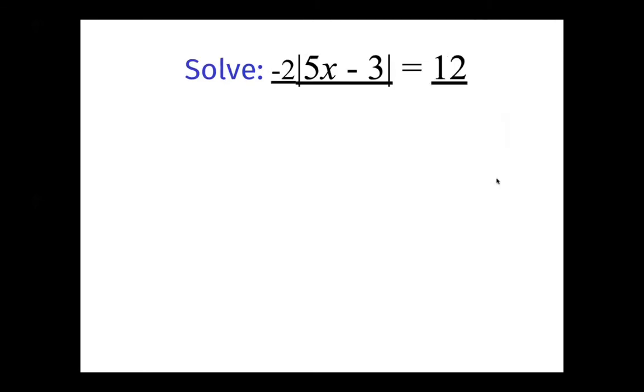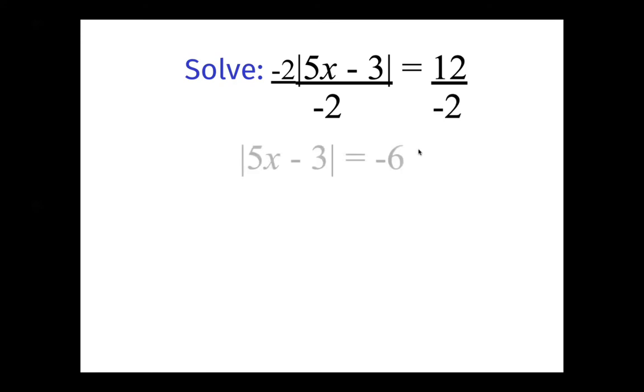Okay, let's go ahead and look at this equation. We have negative 2 times absolute value 5x minus 3 equals 12. Now we see here that we have a factor of negative 2 multiplied to the absolute value expression 5x minus 3. So let's go ahead and divide both sides first by negative 2 so that we can isolate our absolute value expression.